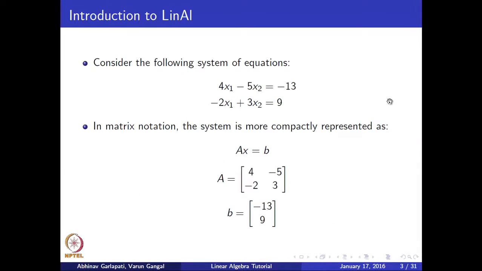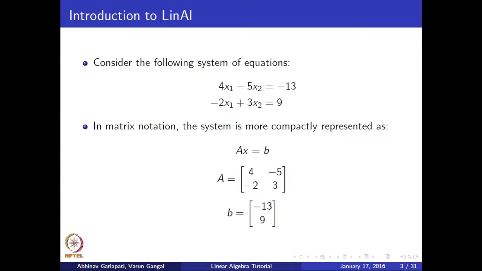We can see here a system of linear equations, two equations and two variables: 4x1 minus 5x2 equals minus 13 and minus 2x1 plus 3x2 equals 9. We can right away see the advantages of a matrix notation. You can represent the same system of two equations directly as one equation of the form Ax equals b, where A is the matrix of coefficients and x is a 2 cross 1 matrix, two rows and one column, or you may also call it a two-dimensional vector x1, x2.